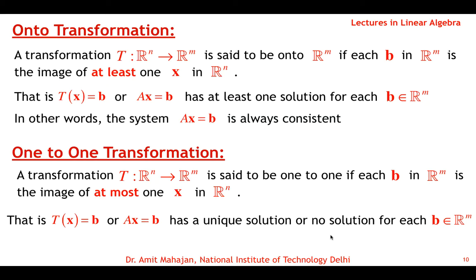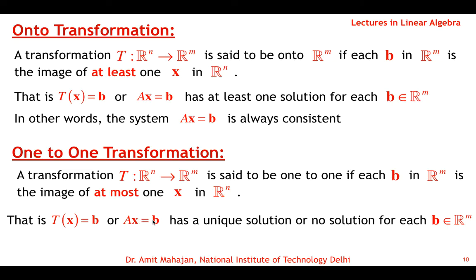Now when we solve a non-homogeneous system of equations, Ax is equal to b, it will have no solution if the last column becomes the pivot column, or it will have a unique solution if the system is consistent and there is no free variable.